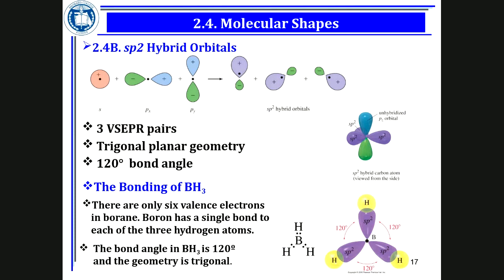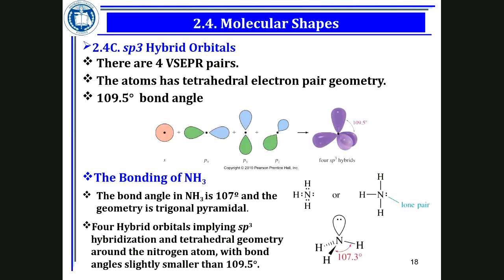NH3. Now, when you are determining hybridization, you count electron domains.